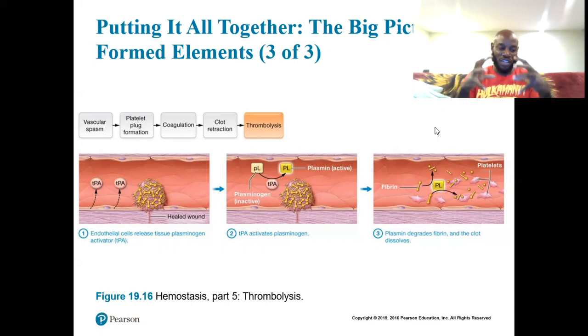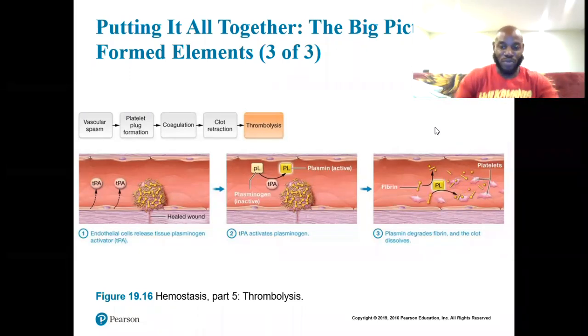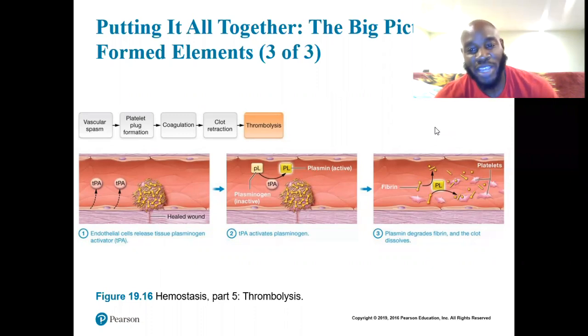You form this strong structure. The actin and myosin in the platelets start to bring the edges of that broken blood vessel together. Eventually it heals up, and now we no longer need that blood clot. We have thrombolysis. We break everything apart. It dissolves, and everything goes back to normal.